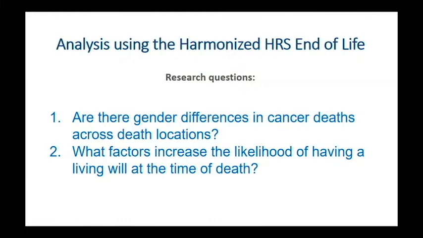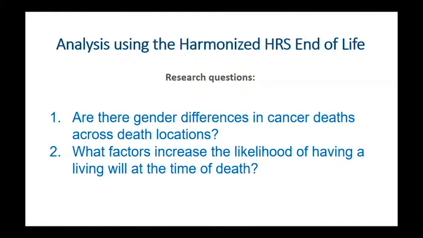First, we're going to ask if there are gender differences in cancer deaths across death locations. For this, we'll look at variables indicating the cause of death and where the death actually occurred. Then we're going to ask what factors increase the likelihood of having a living will at the time of death.